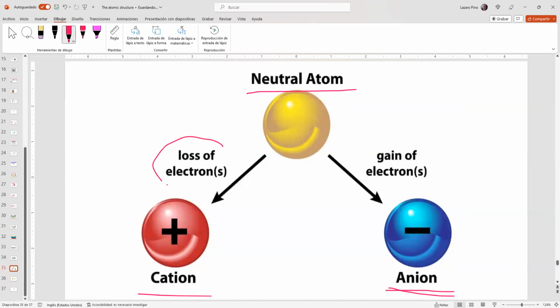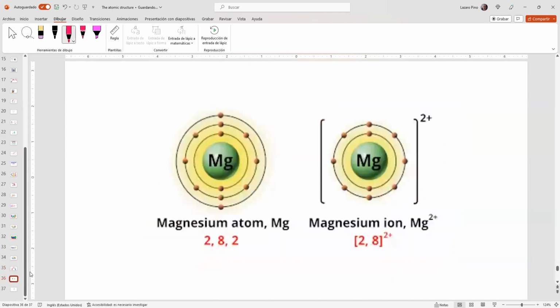Cation, loss of electrons; anion, gain of electrons. Here you have, for example, the atom of magnesium. It has 2 plus 8 plus 2, 12 electrons.